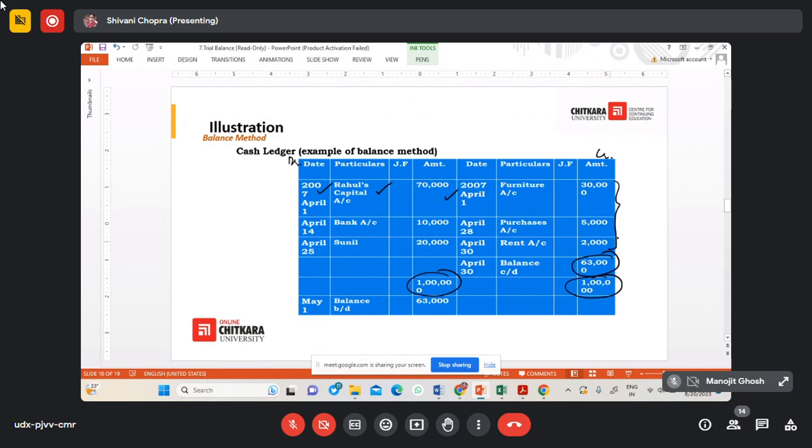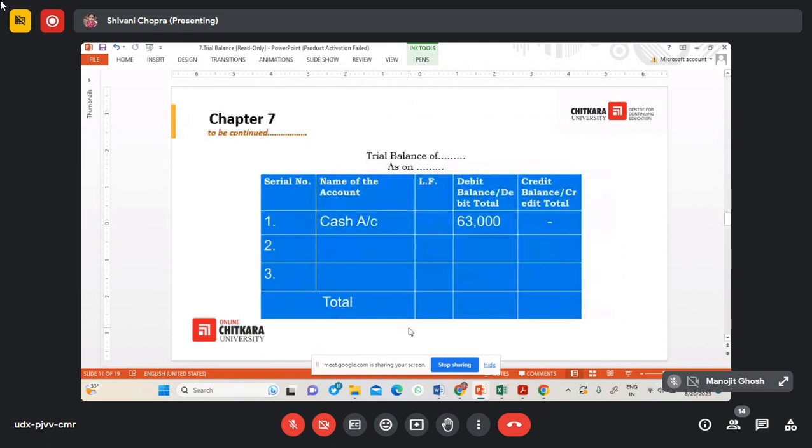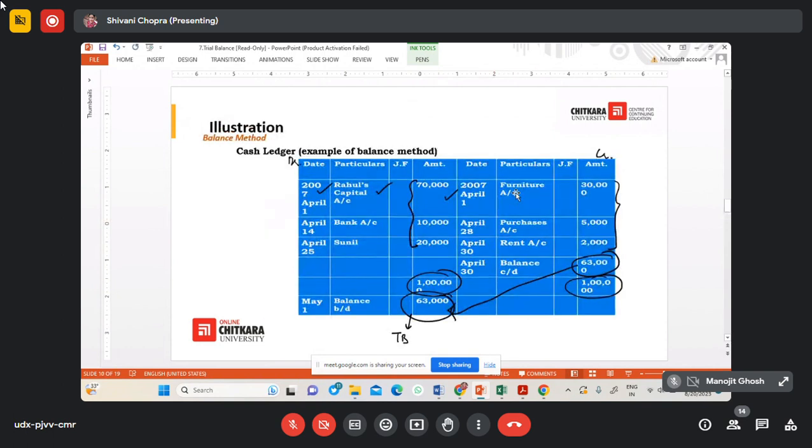We totaled this, and the side that was short was given the balance, and this balance is brought down here. And this is the balance that we will take to the trial balance, right? So this is how, in the trial balance, we will write cash account 63,000. So have a look. Is this clear?